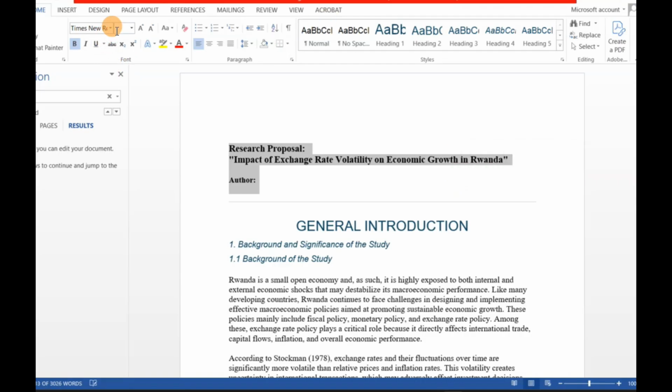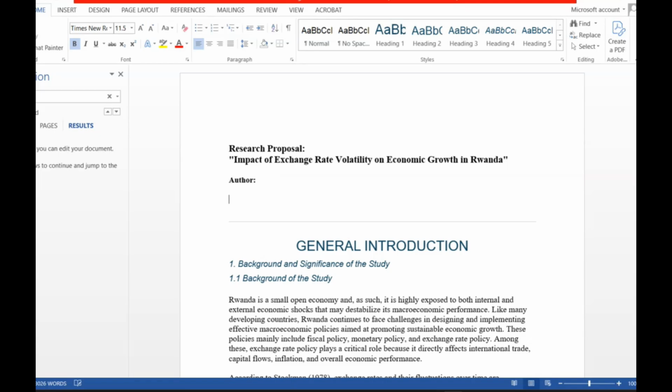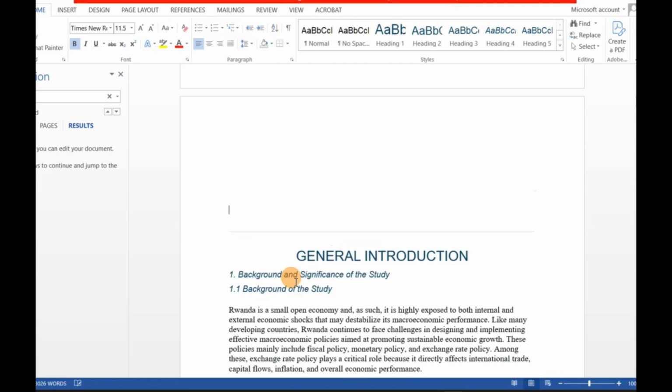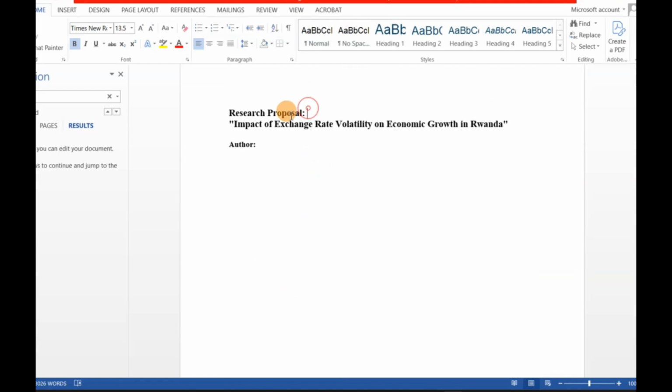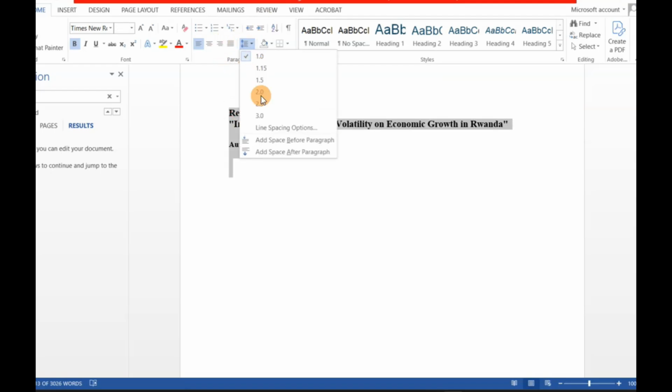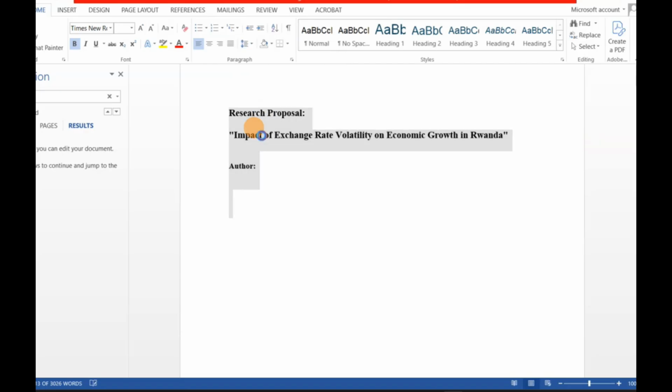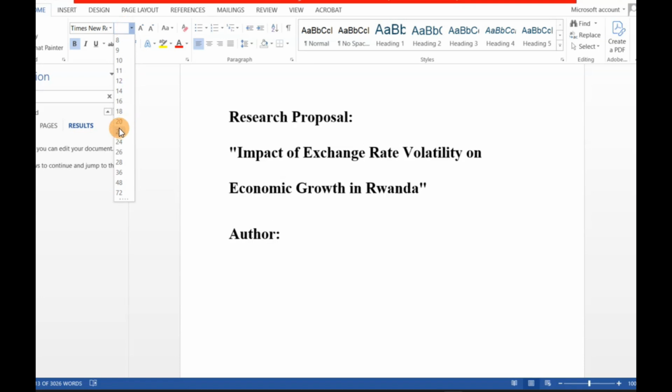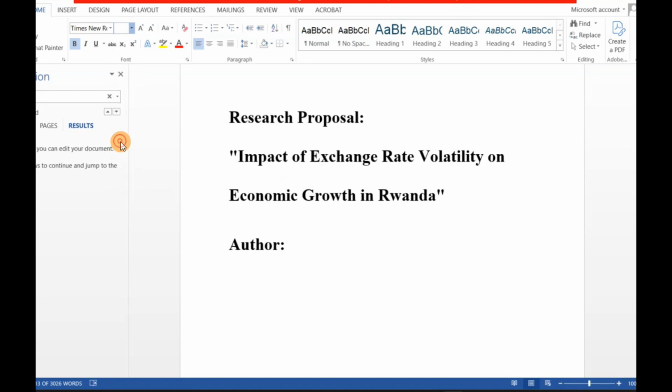Proposal. Let me make it bigger for him. Say the proposal, then put the space. Can you make it bigger? Bigger like this one.